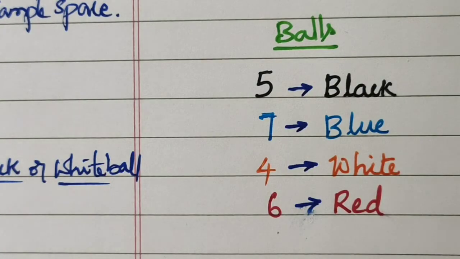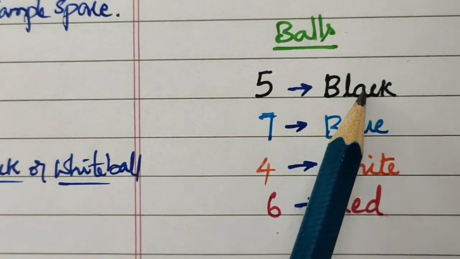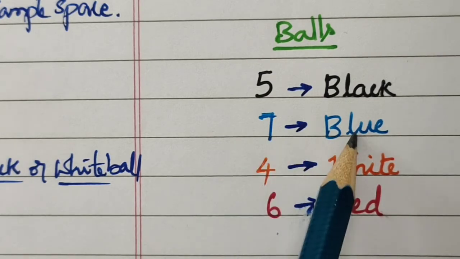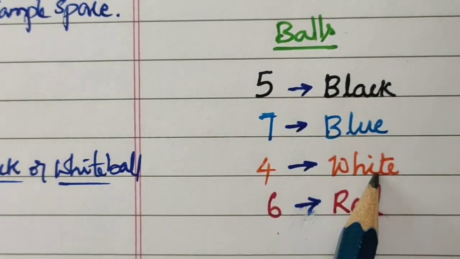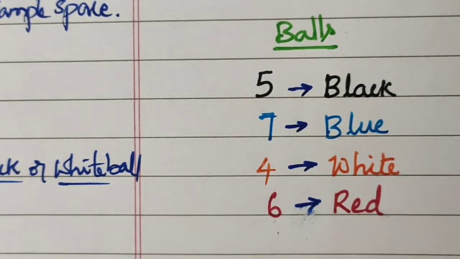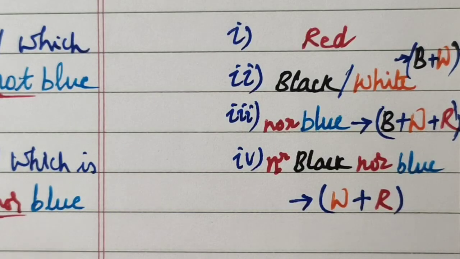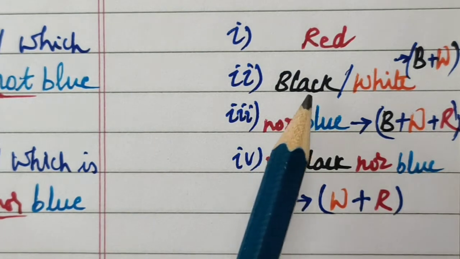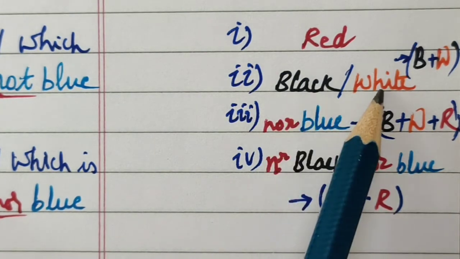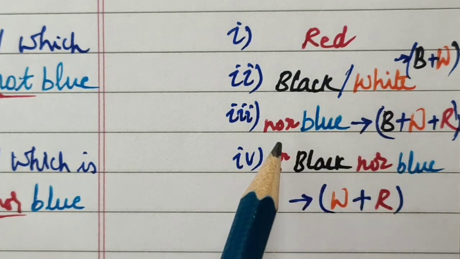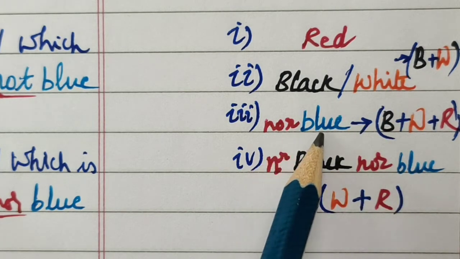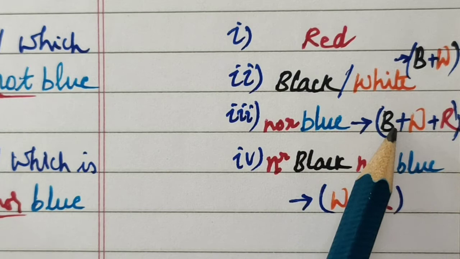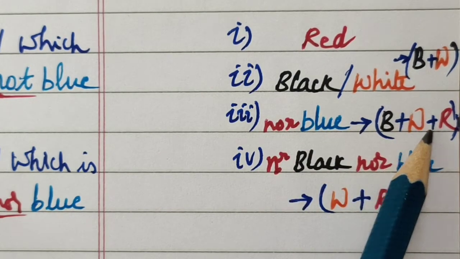In the bag, there are 5 black balls, 7 blue balls, 4 white balls, 6 red balls. We need to find the probability of drawing a red ball and the probability of drawing a black or white ball. Not drawing a blue ball means we take the other balls left: black, white and red.